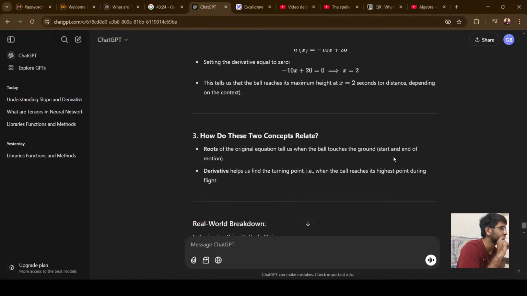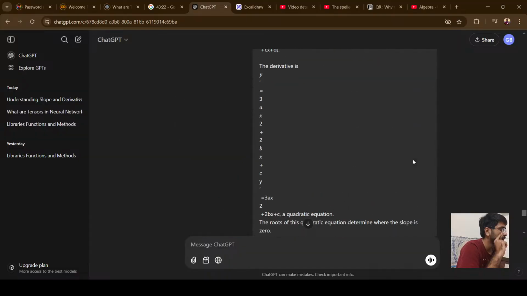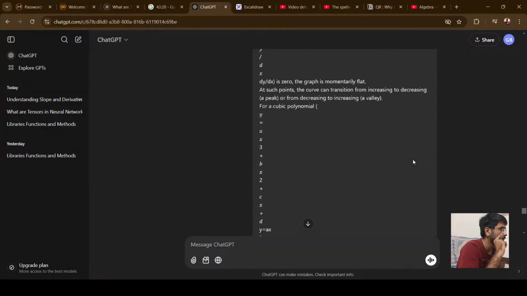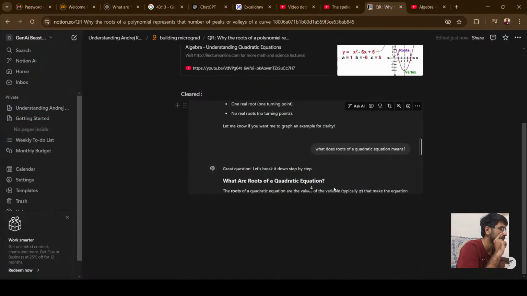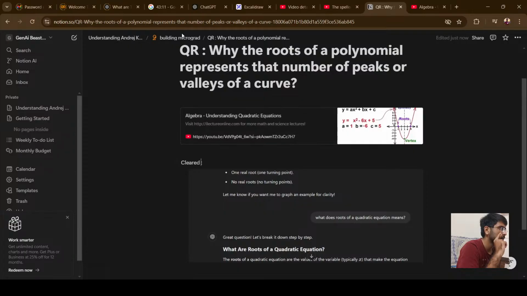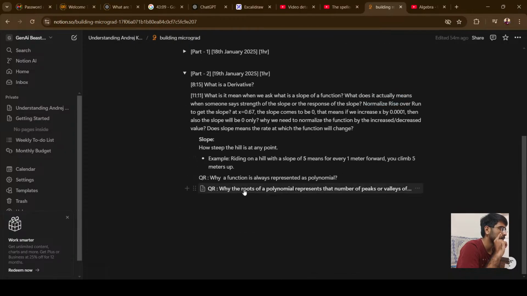This question of mine: why is a function always dependent on why the roots are given by the number of peaks? It is for that moment only.